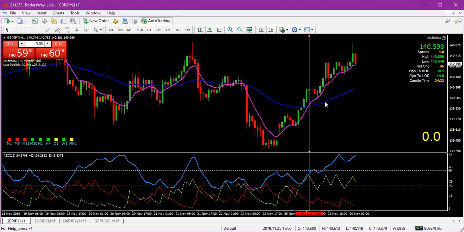When I line that all up, this is where I'm going to enter. I'll enter on this candle. I've seen this candle cross over. That's good. This one started to come over the 40. Let's say that's just barely touching. Let me move it over just a little more. Let's move it here.